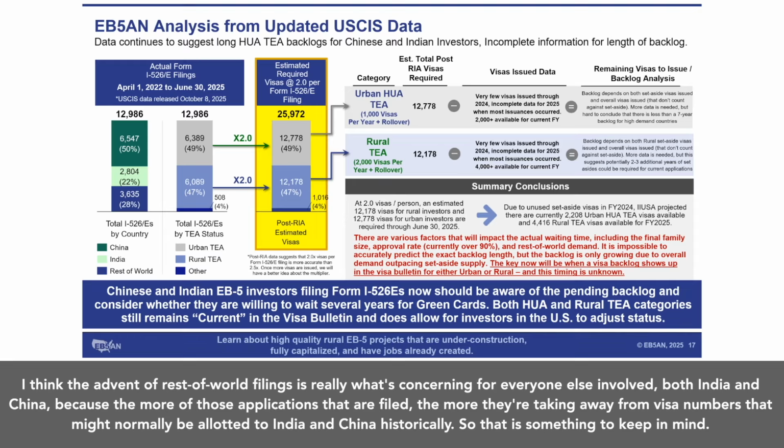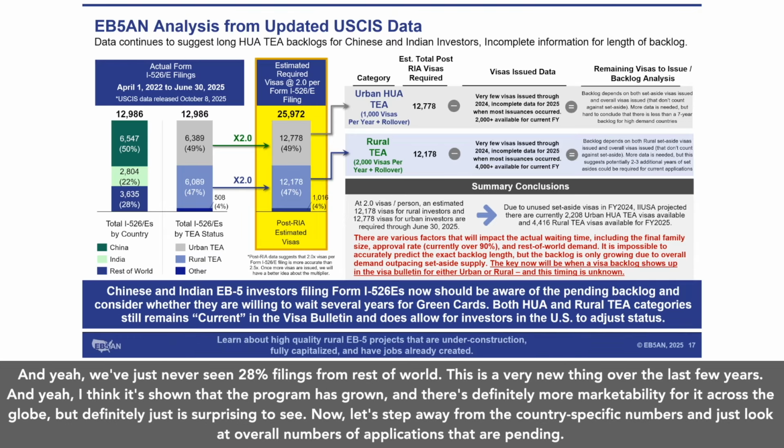So that is something to keep in mind. And we've just never seen 28% filings from rest of world. This is a very new thing over the last few years. I think it's shown that the program has grown, and there's definitely more marketability for it across the globe, but it's definitely just as surprising to see.